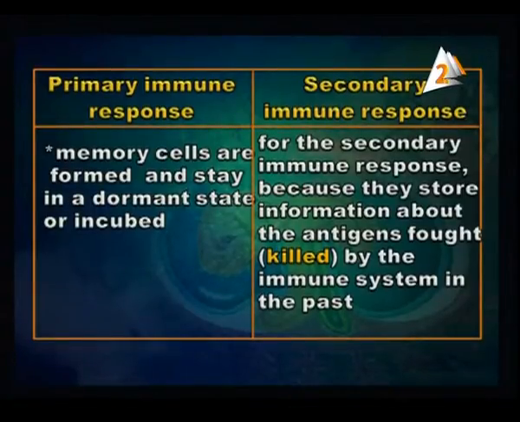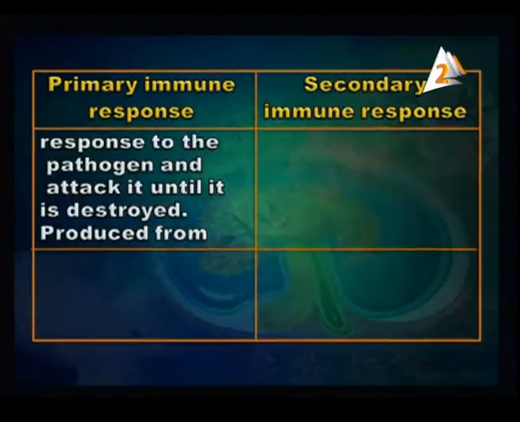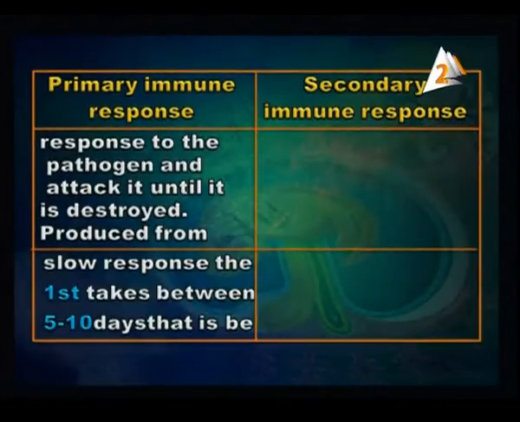Then the duration of this primary immune response is a slow one, because it enters for the first time, so they must recognize it at first and then make antibodies and kill it, infect it and attack it and fight and then kill it.